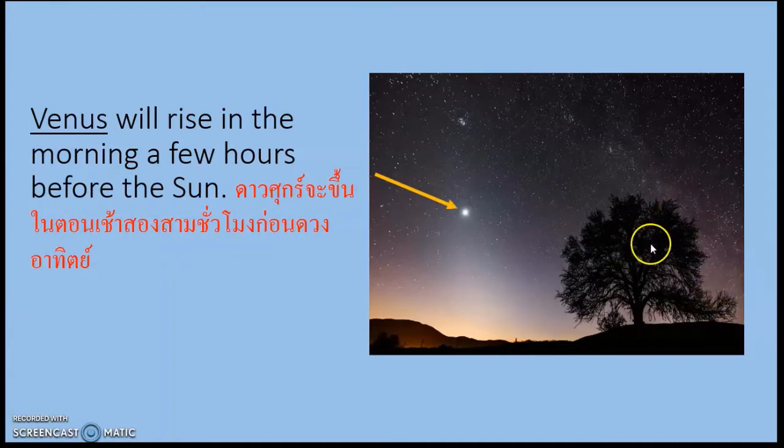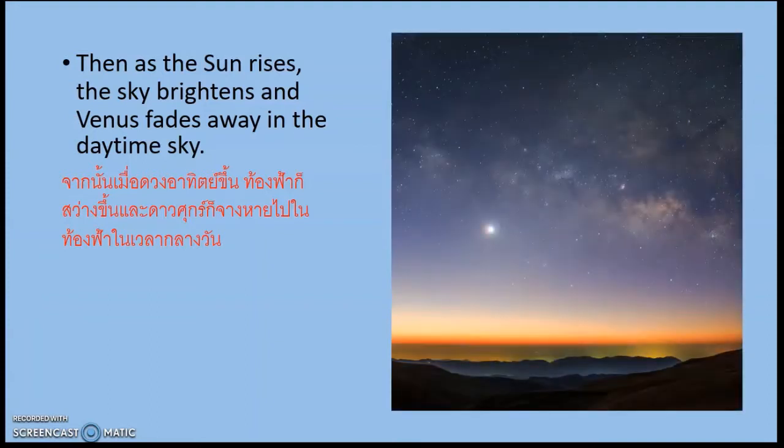As you can see in the picture, before the sunrise, Venus will rise in the morning a few hours earlier. Then, as the sun rises in the sky, it brightens and Venus fades away in the daytime sky.